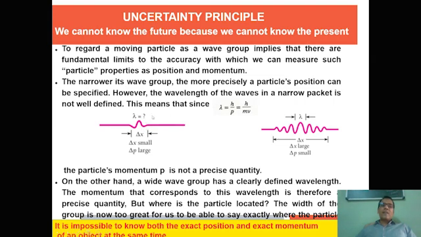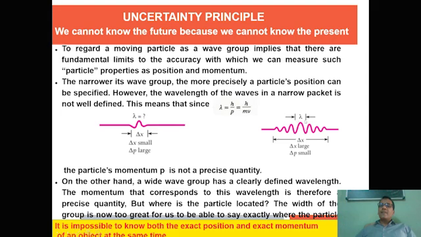If the wavelength is not defined, then by using lambda equivalent to h upon p, that is h upon mv, this lambda is not defined, meaning obviously momentum is not defined precisely. So if delta x is small, delta p will be large, where delta x is the uncertainty or error of the position, and delta p is the uncertainty in momentum. So here delta x is defined precisely, but delta p is not defined accurately.